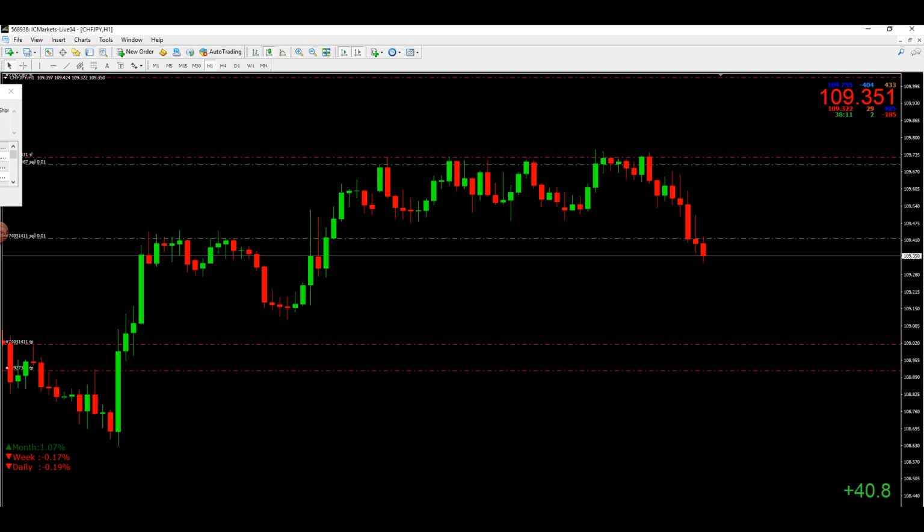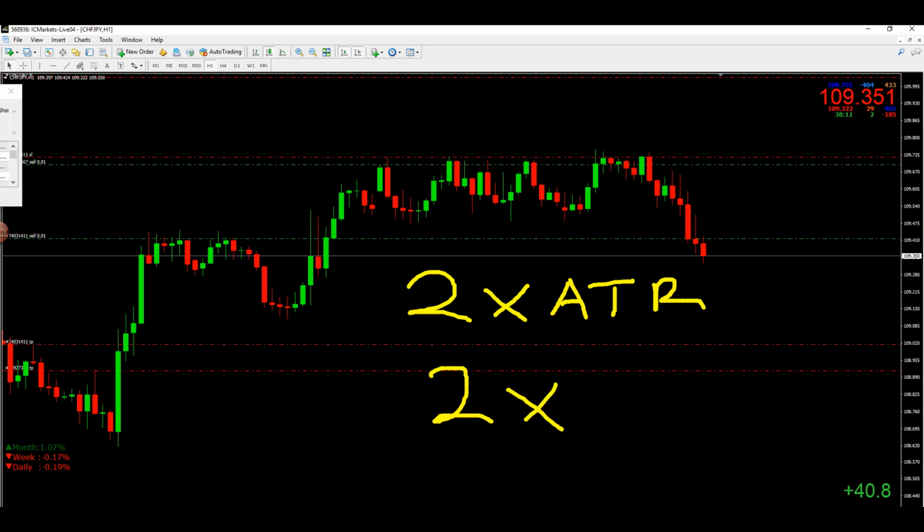What I would then do is multiply 2 by the ATR. So the 2 times ATR, which is 10, will give me pips.